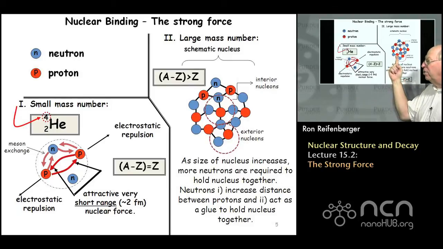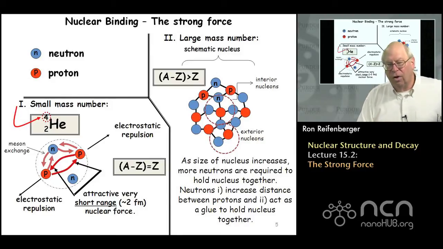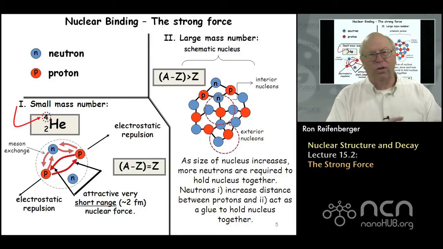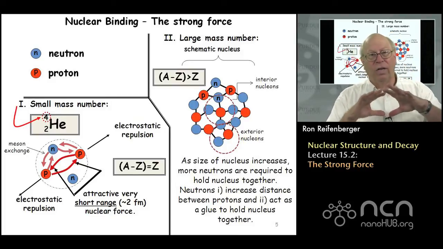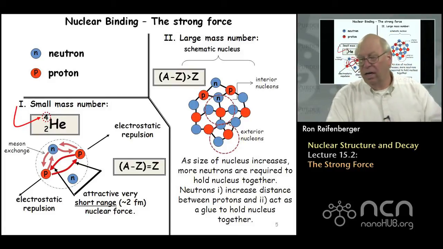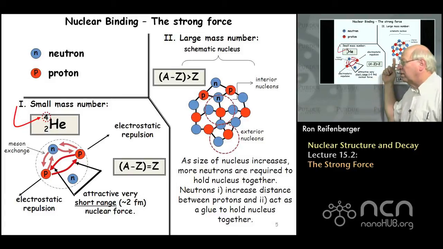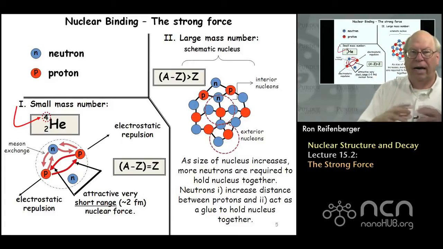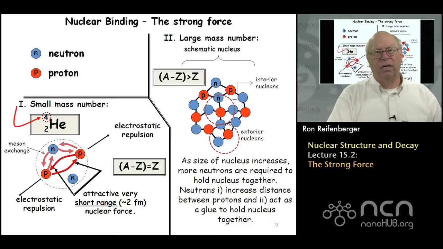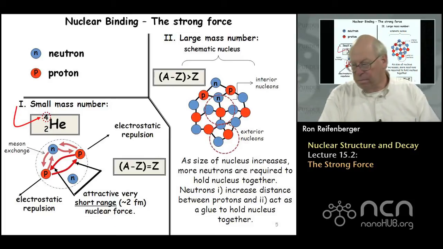The exterior nucleons require additional neutrons in order to exert a force that overcomes this repulsive force between the individual protons. So when we start to look at systematics of nuclei, you're going to see that as the nucleon number increases, the number of neutrons compared to the number of protons is also going to increase. And so the heavy nuclei are going to be neutron rich as a result.